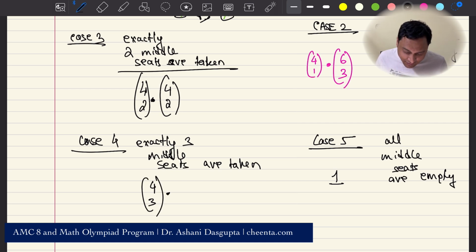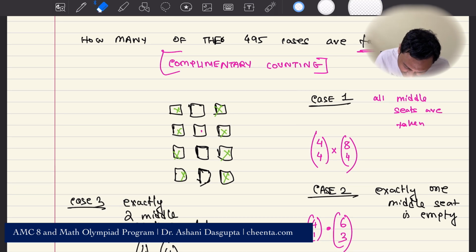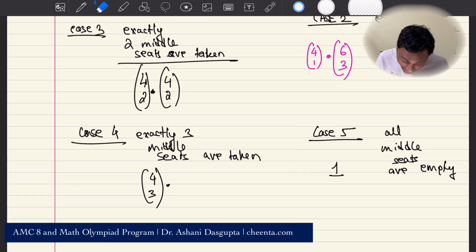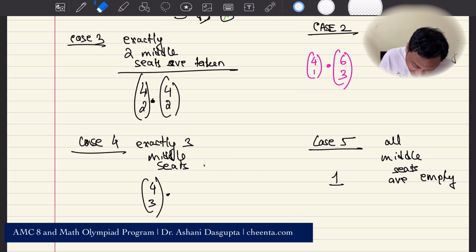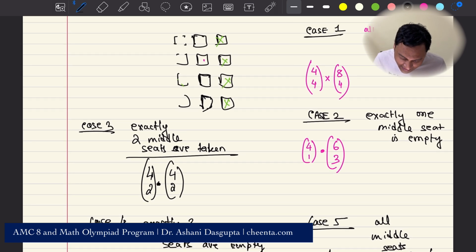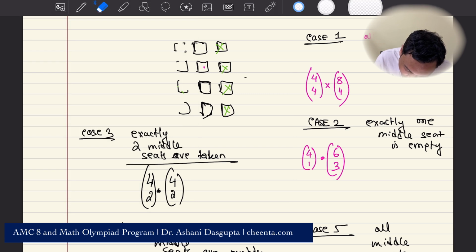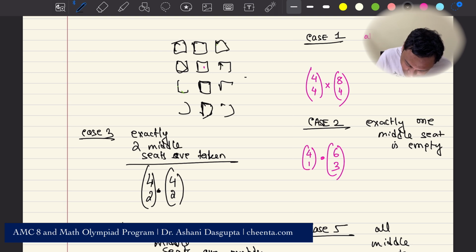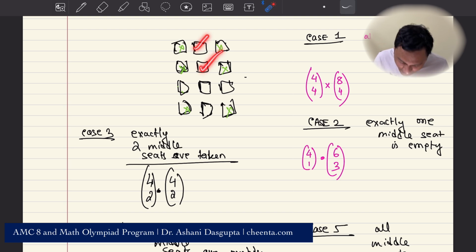And so let's say, exactly 3 middle seats are empty. So you can choose the 3 middle seats which are empty, and these 3 middle seats are empty.